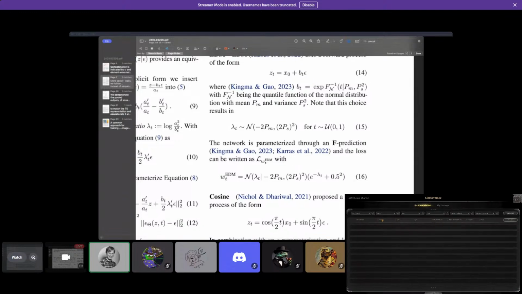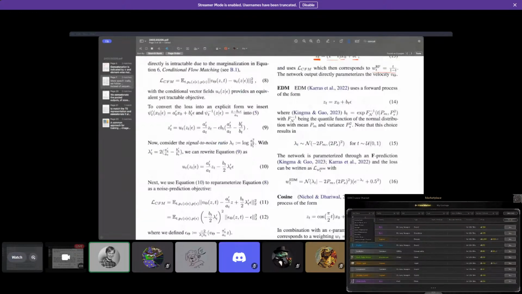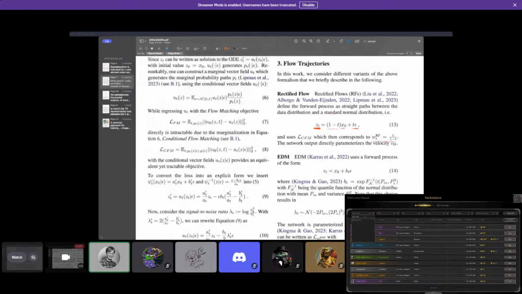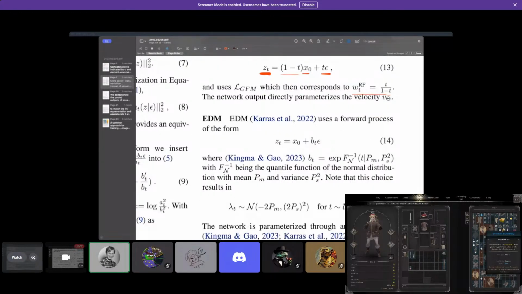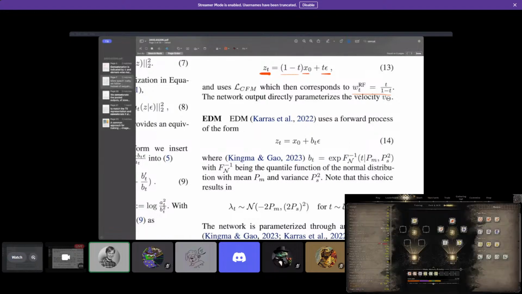Here, for example, in the case of rectified flow, A would be 1 minus t, and B would be t. All right, so you've got a path going from the image to the noise, and you're making that conditional on the input value of the time step, and you're learning that. You're not learning that. These A's and B's are fixed.